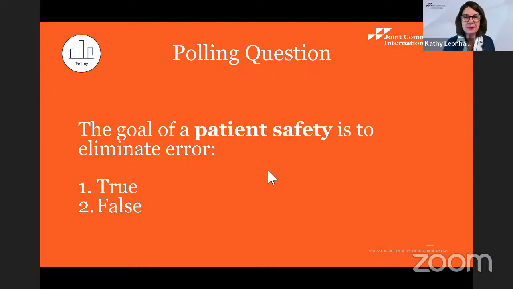I hate to tell you this, but the correct answer is false. The goal of safety is not to eliminate error, because remember, to err is human.